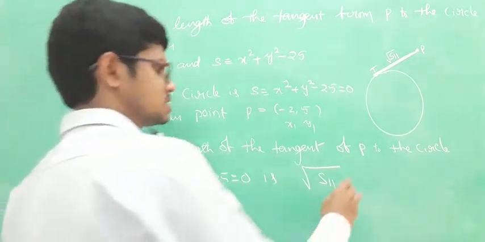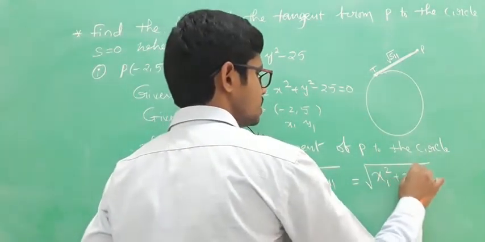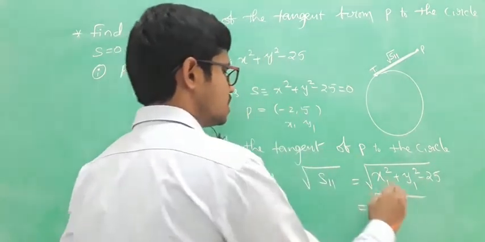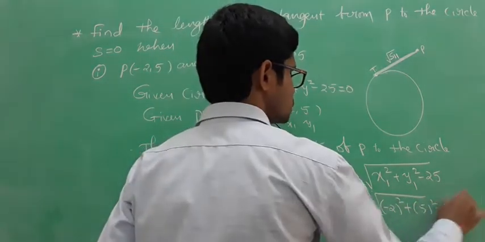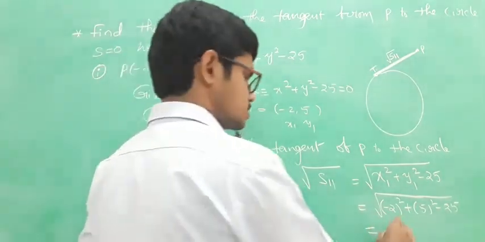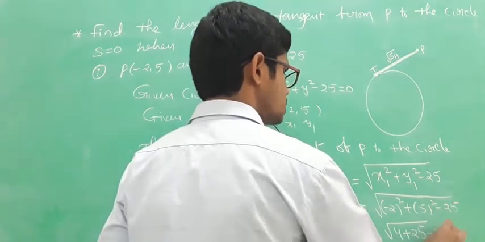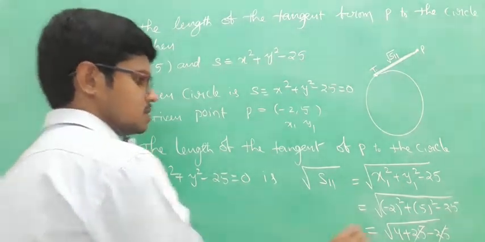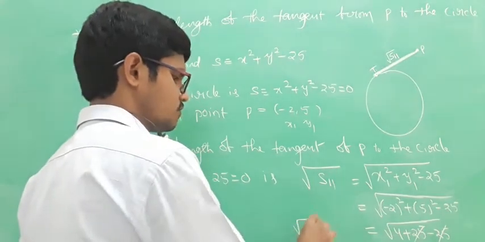That is equal to the square root of x1 square plus y1 square minus 25. So x1 is -2: (-2) square plus 5 square minus 25. That equals the square root of 4 plus 25 minus 25. The 25 and minus 25 get cancelled. So which is equal to root 4.